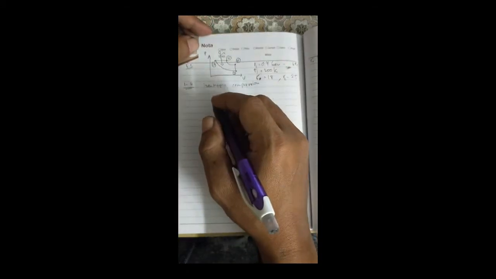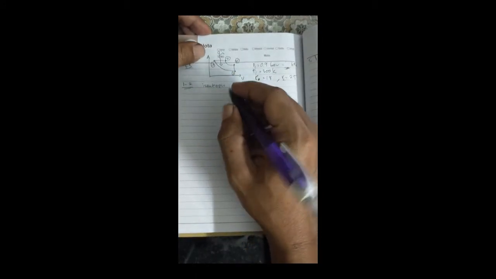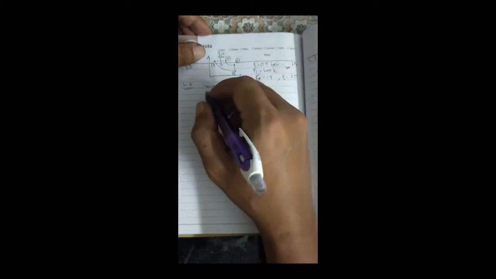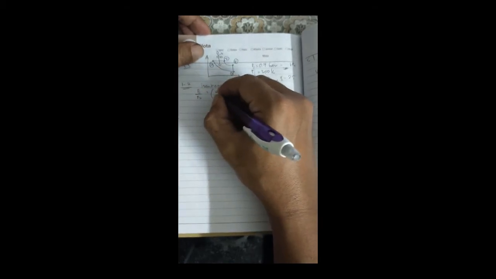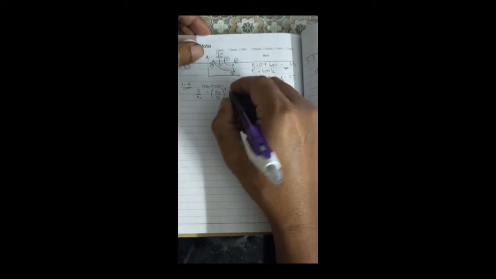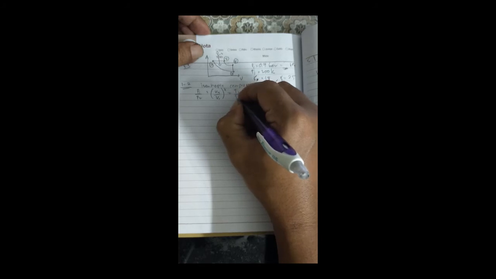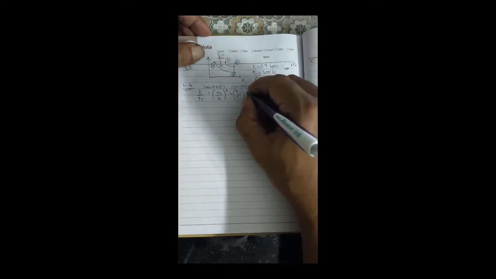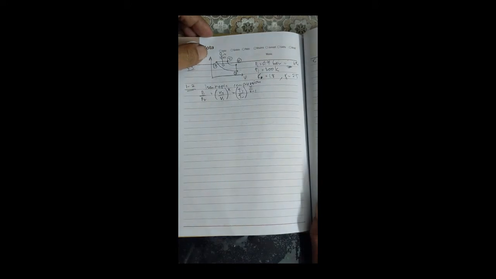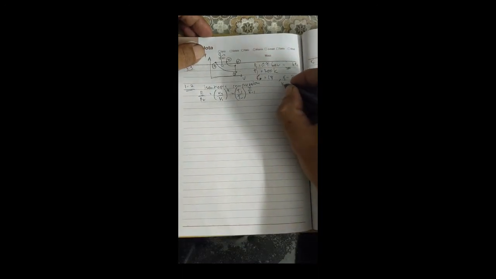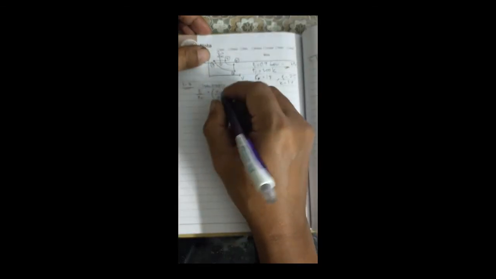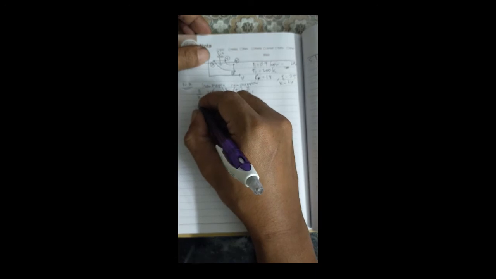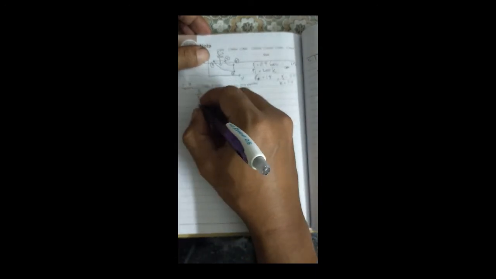For the isentropic process 1 to 2, the correlation is P1 over P2 is equal to V2 over V1 to the power K, which is equal to T1 over T2 to the power K over K minus 1. K refers to the appendix, K is 1.4. The compression ratio is 18, and P1 is 0.9 bar.